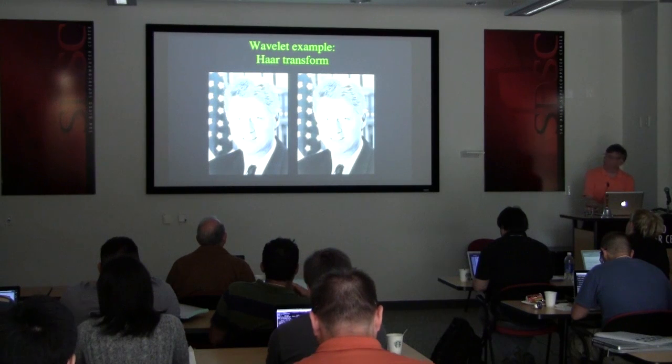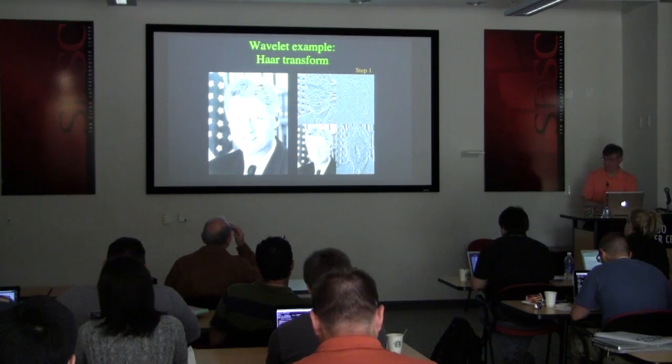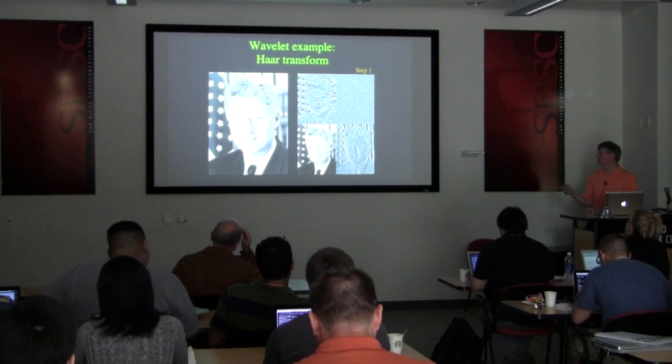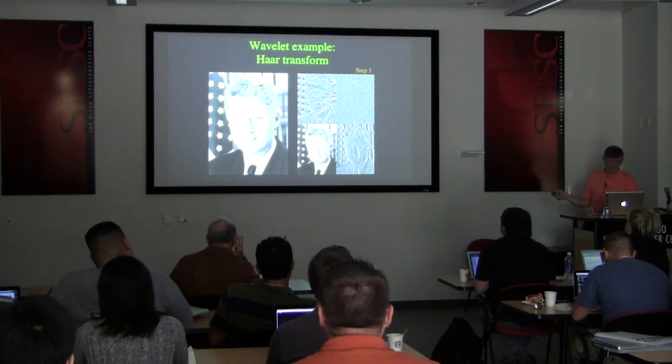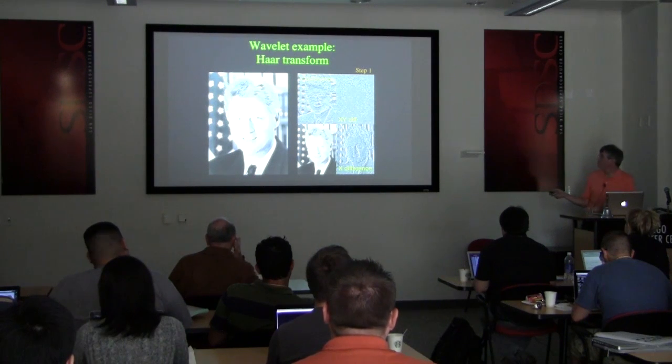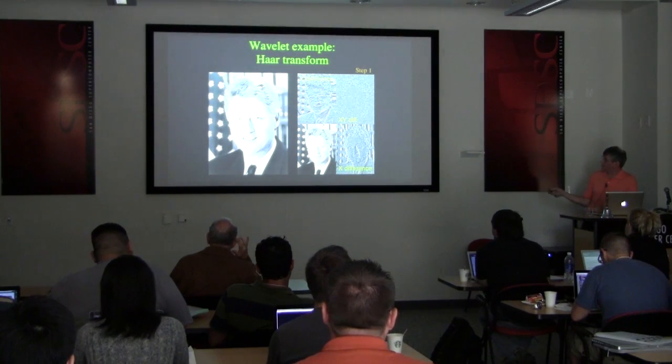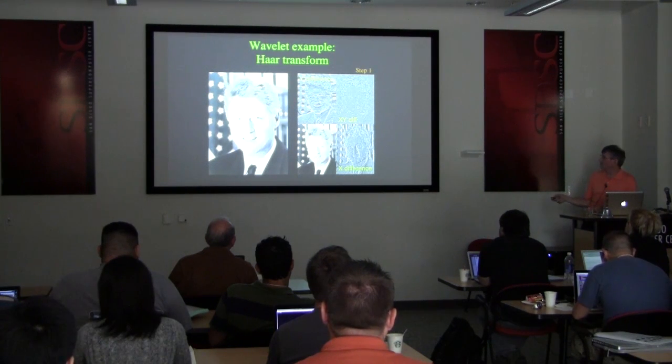Here's an example. So starting with the original image, after one step of the Haar transform, here's the image binned down by a factor of 2. These are the y difference coefficients, and in fact you can look at it and sort of see that these coefficients are large in directions where you have horizontal things so that the y derivative is large.